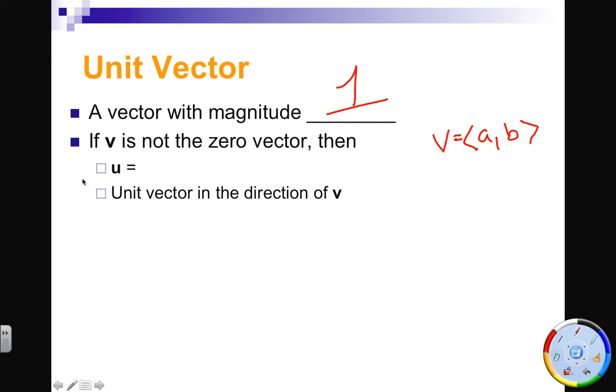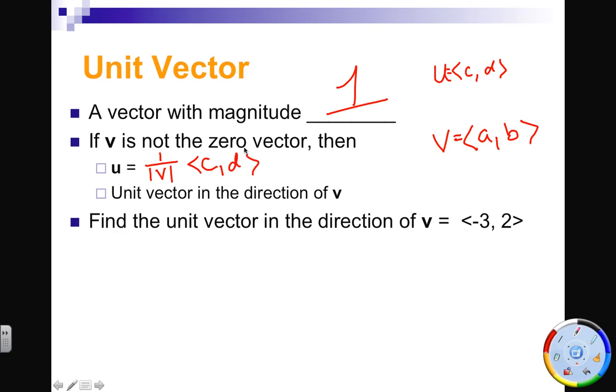So I want to say it's 1 over the magnitude of v times the vector u. And let's say the u vector is c comma d. I know I did it backwards from what was on the other page, but 1 over the magnitude of v times the vector u. And that really is now the unit vector in the direction of v.